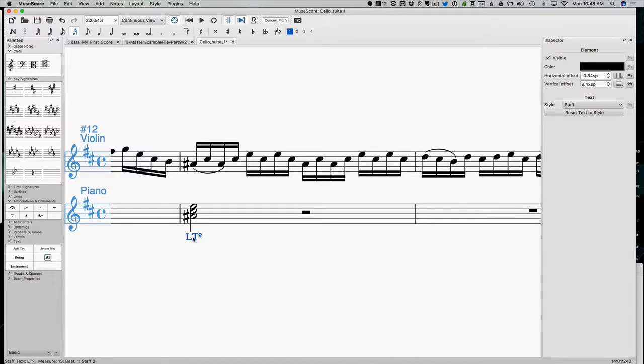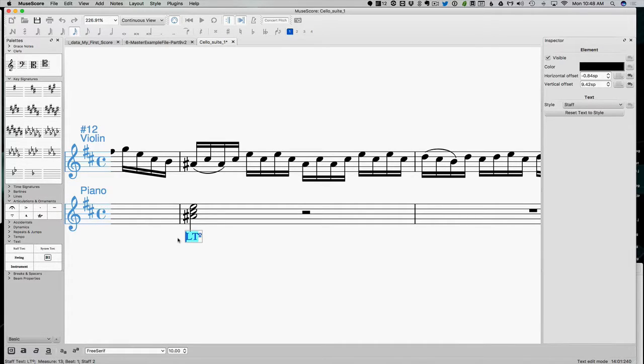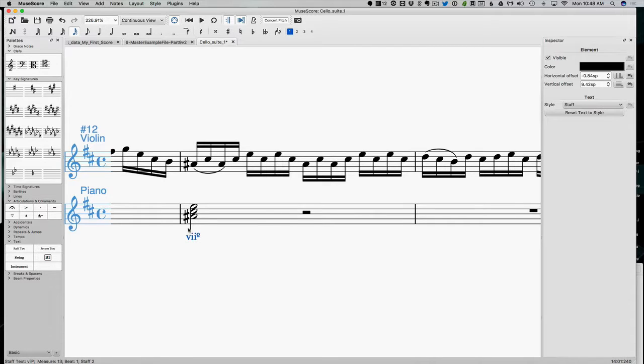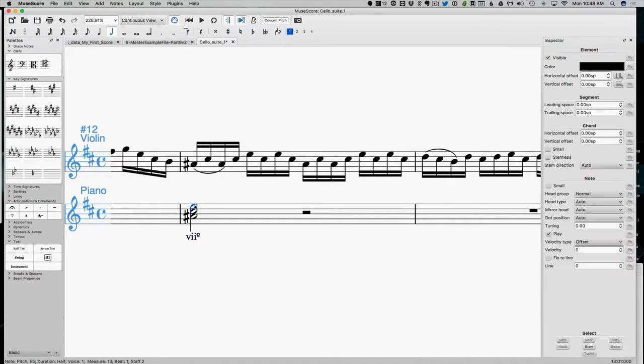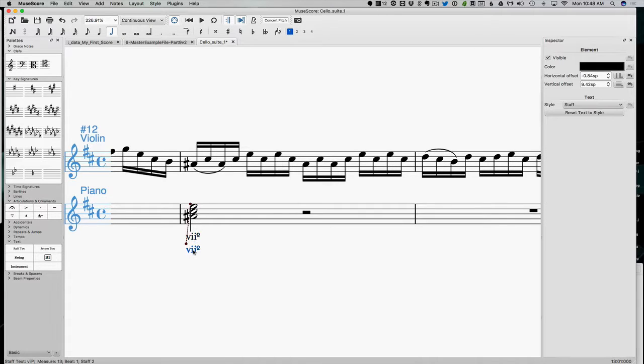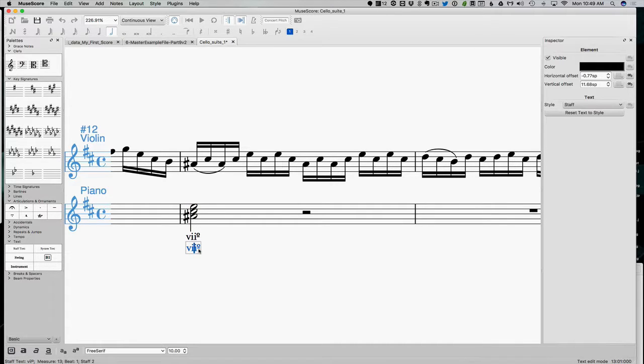But the way you would actually write it is you would write that, and then you would write what that is. In our key of A, that's 2.